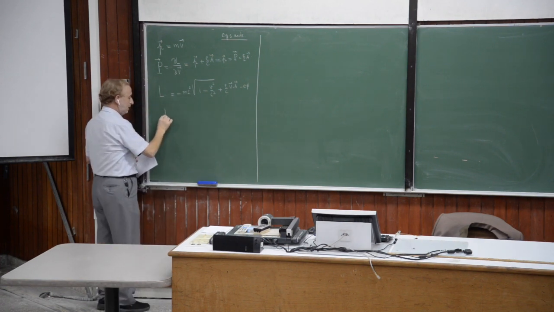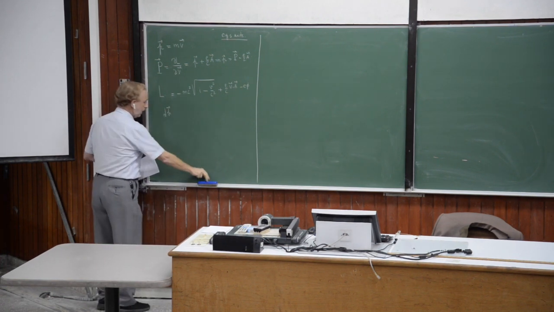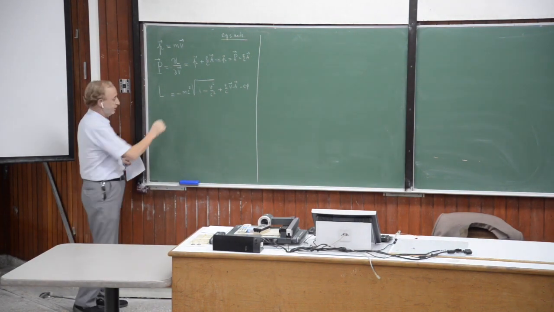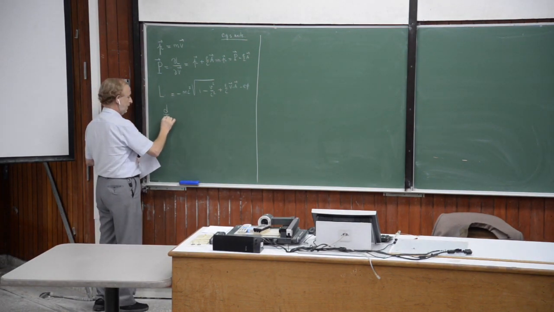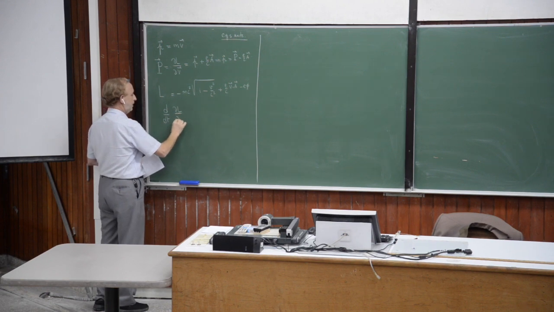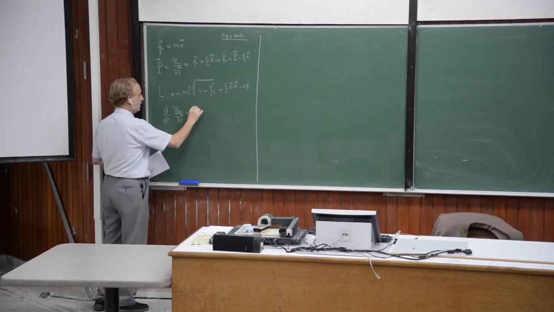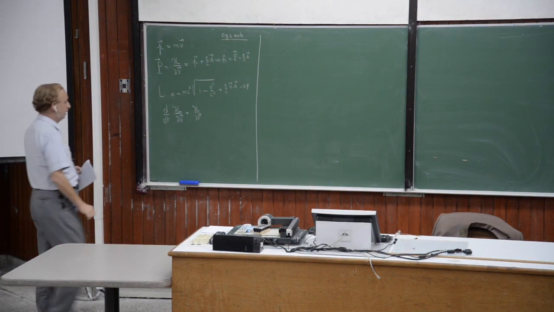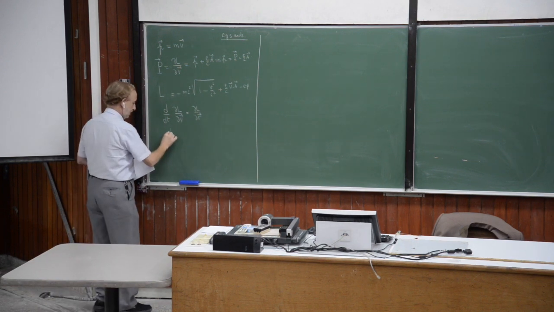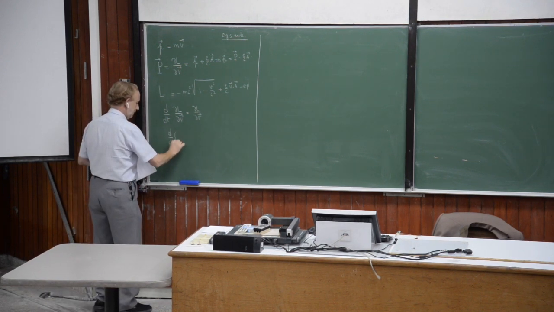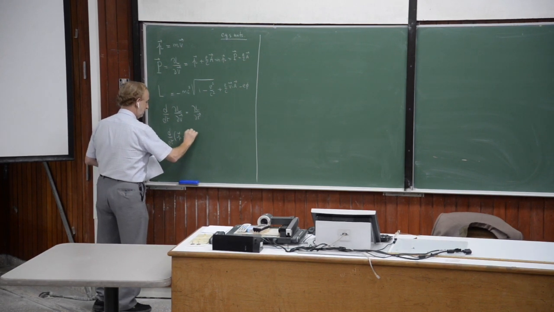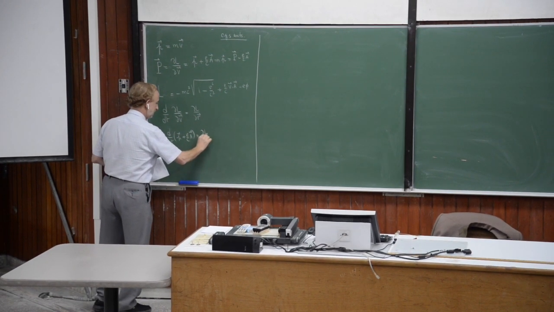And now dp/dt. So the Lagrange equation then becomes what? Remember the Lagrange equations: d/dt of partial L over partial v is partial L over partial r. Now, this means that d/dt of (p plus e over c A) is partial L over partial r.